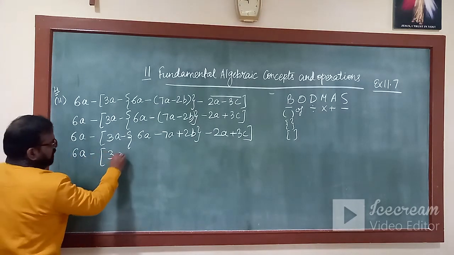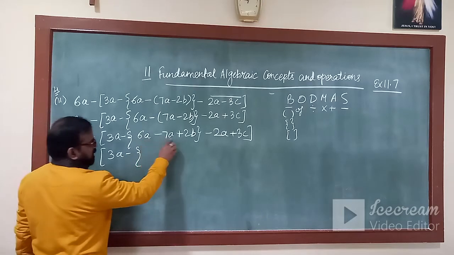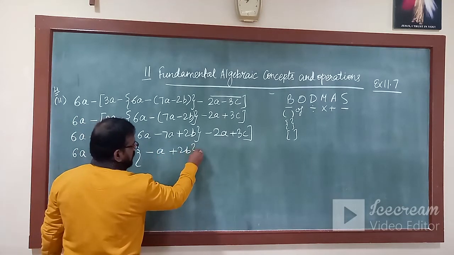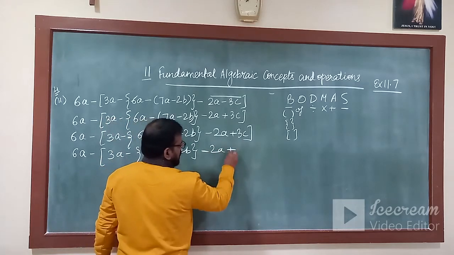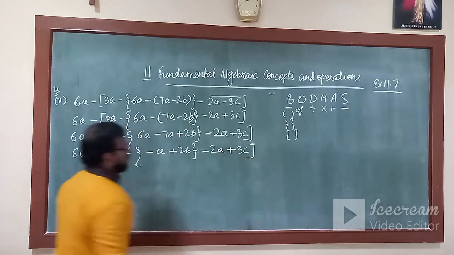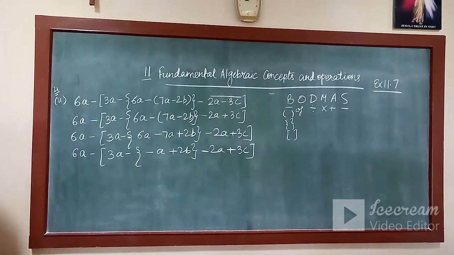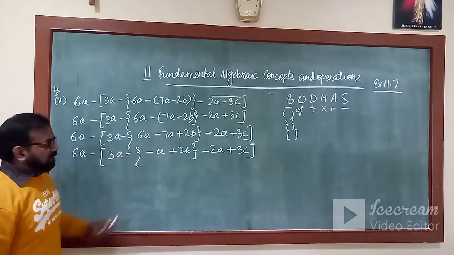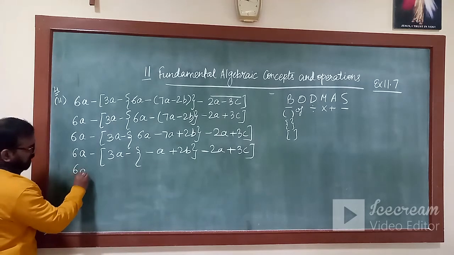We are left with this curly bracket. So 6a minus 7a will give you minus a plus 2b. Now see, we have removed the bar, we have removed this bracket. Now we will remove the curly brackets. That will be our order only.